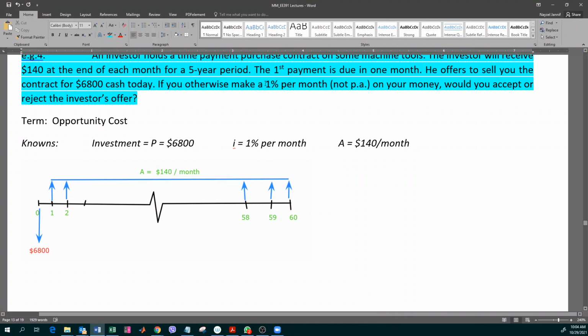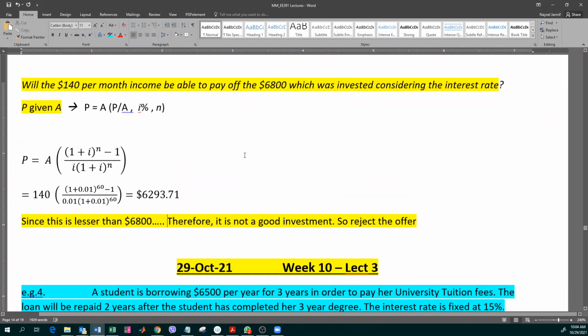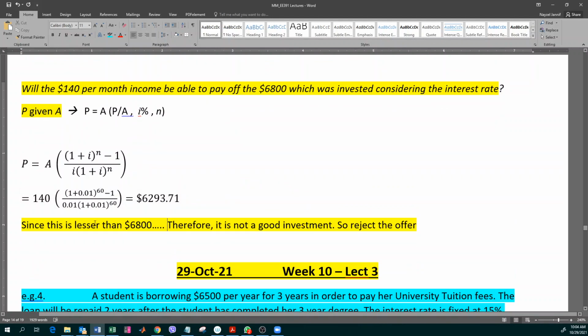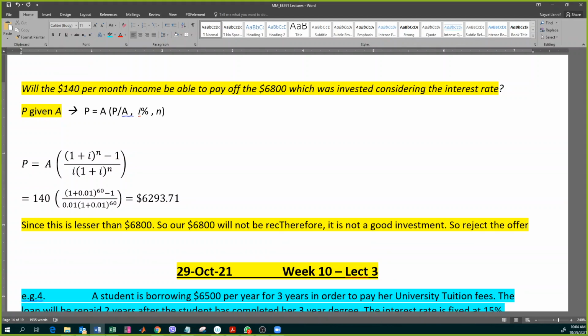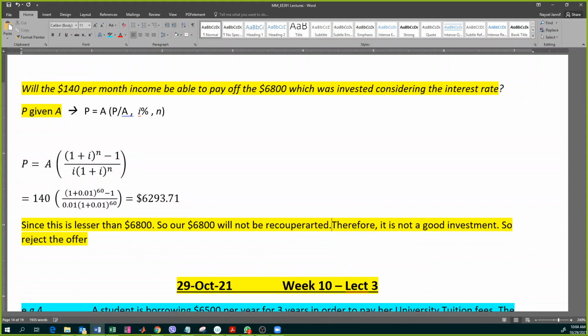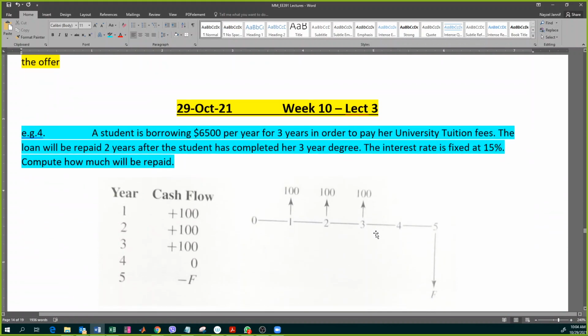But taking into account a 1% interest rate, you realize that we won't be able to recuperate our 6,800. Therefore, this is not a good investment. So what we do, we reject the offer. All right, let's move on to today's lecture.